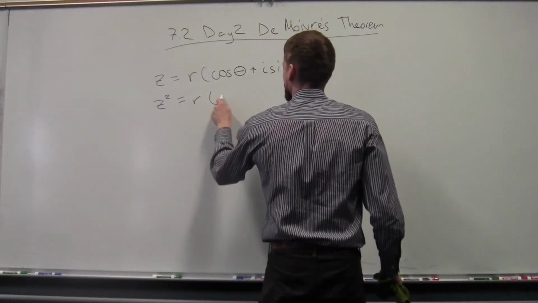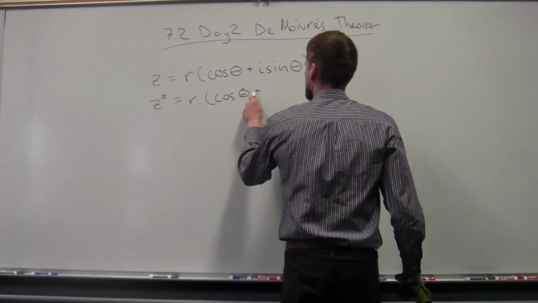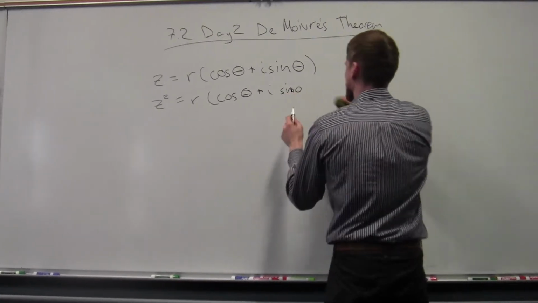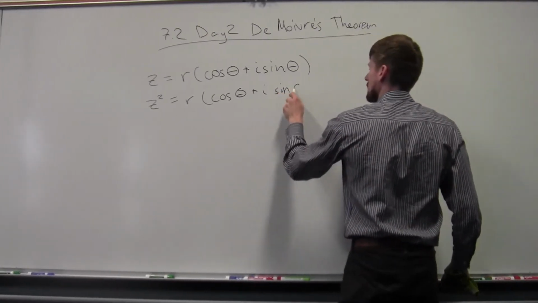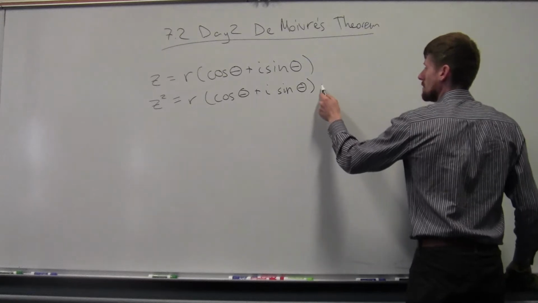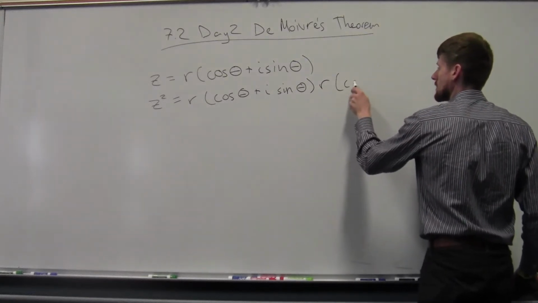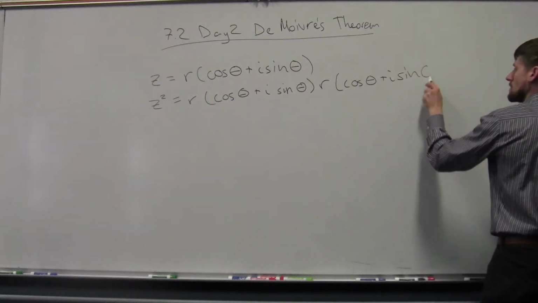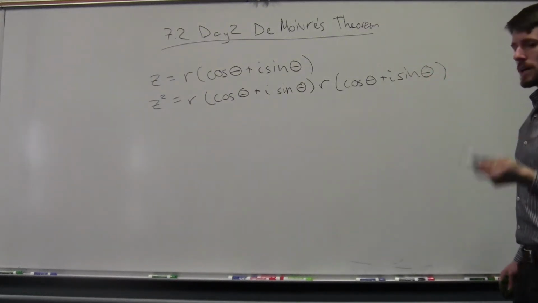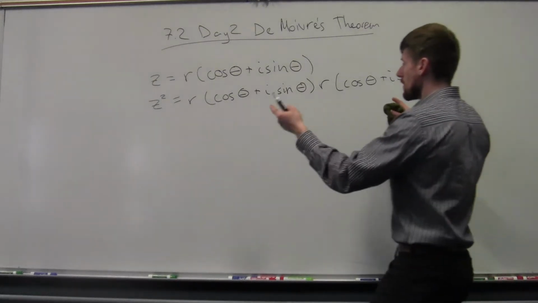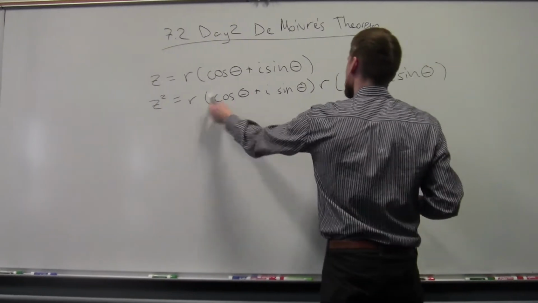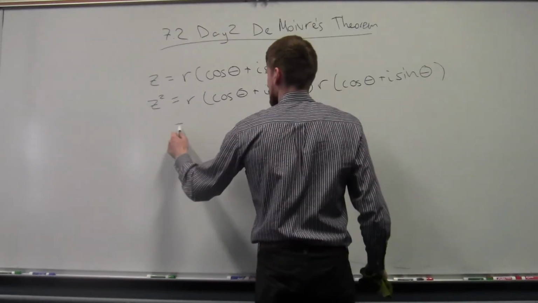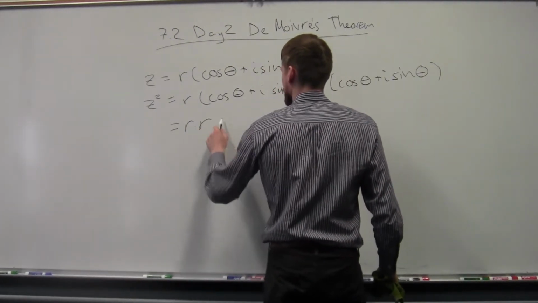Well, this is r cos theta plus I sine theta times another r cos theta plus I sine theta. It's z times itself. So we can group the r's together because there's an r here and an r here. We can multiply in any order. So let's group the r's together. That's going to give us r times r in front.